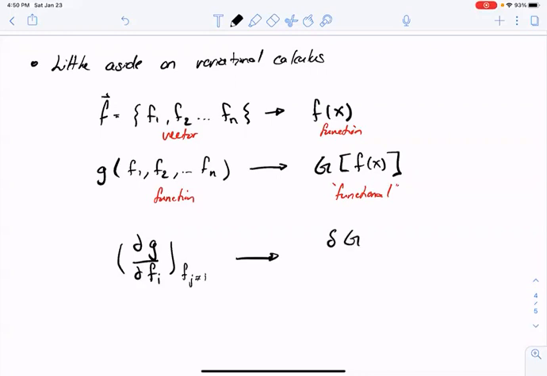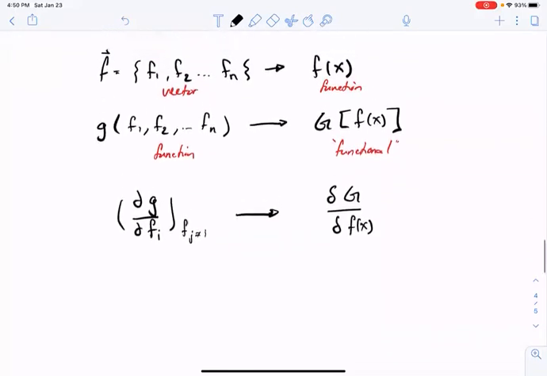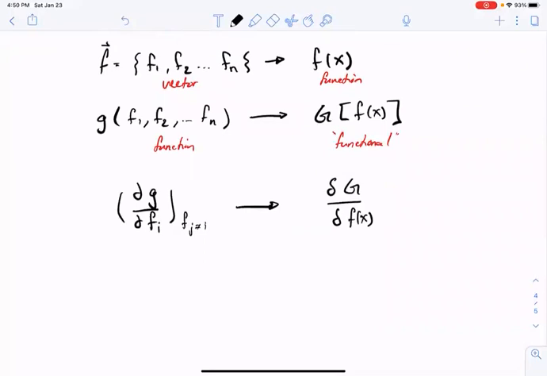So I can ask how does g change with a change in f. Those are derivative relationships. To understand how they work, we should think about how the arguments of the function or functional change.